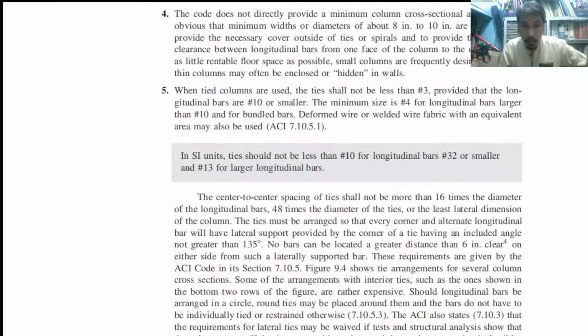There is no minimum column cross-sectional area, but we have 10 to 8. So 8 inch is about 200, 10 is 250. A small column like that.